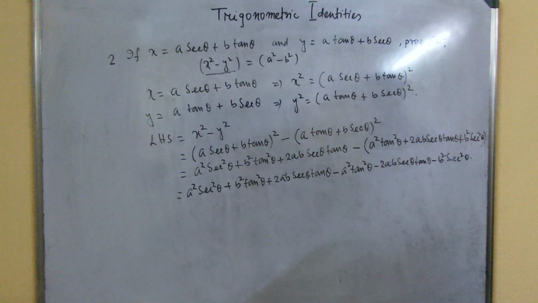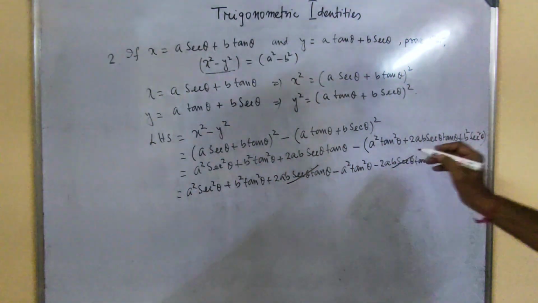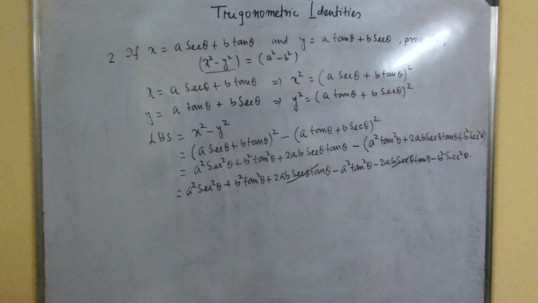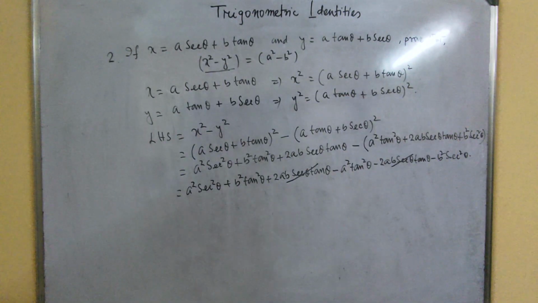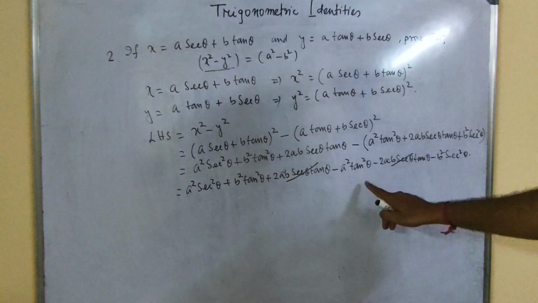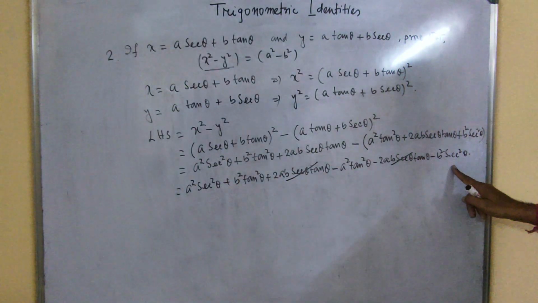Fine. So here it is plus 2ab sec theta tan theta and here it is minus 2ab sec theta tan theta, which cancel out. Then what we will get? a square sec square theta plus b square tan square theta, and here minus a square tan square theta and minus b square sec square theta.